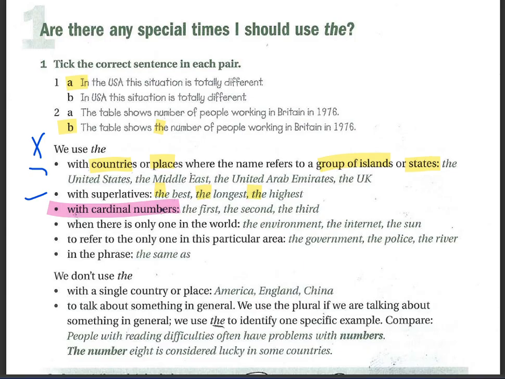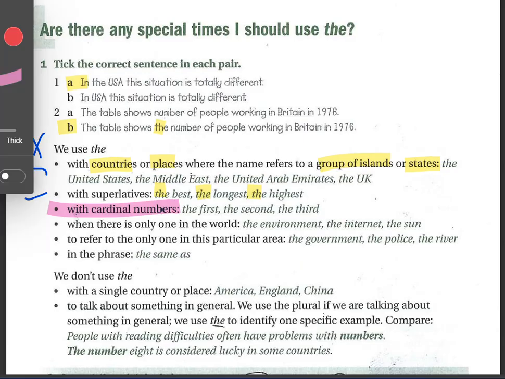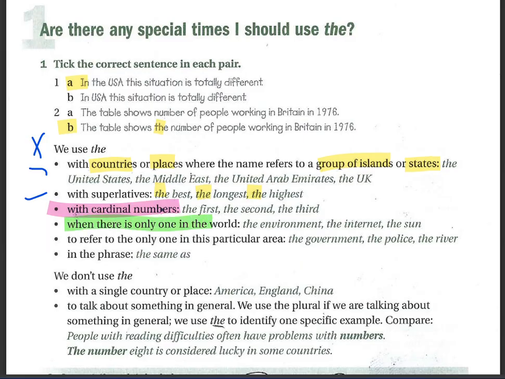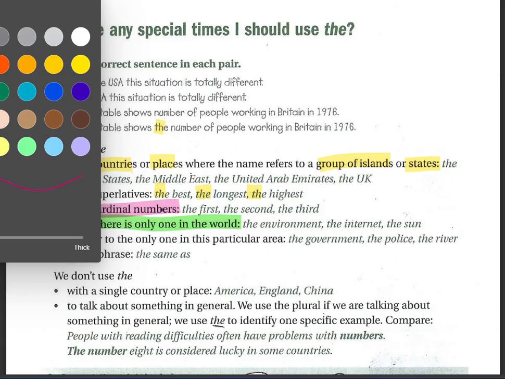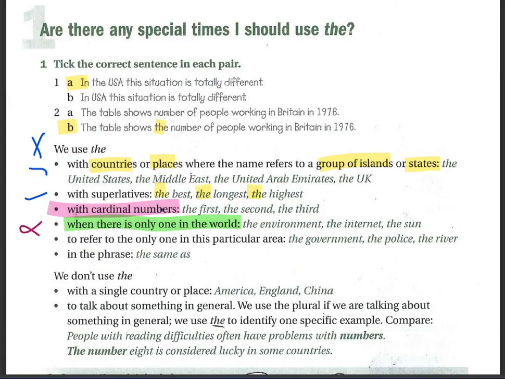The next, when there is only one in the world, this point is really important and of course easy. There are objects that you can't find more than one of in the world, like the moon, the sun, the earth, the environment, yeah? So in this situation, please don't forget to use the.